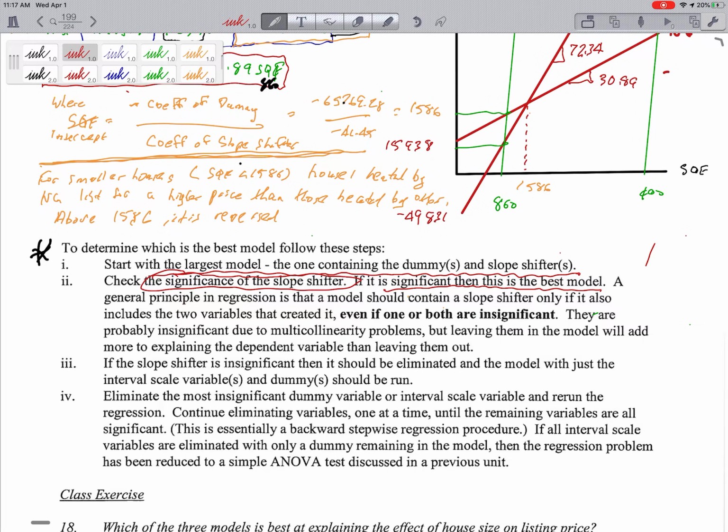Remember that there's a great deal of positive correlation between square footage and the slope shifter, which is NG times SQF, right? So SQF and the NG SQF values take on exactly the same values, except where NG is equal to 0. So you would expect a high correlation between them.